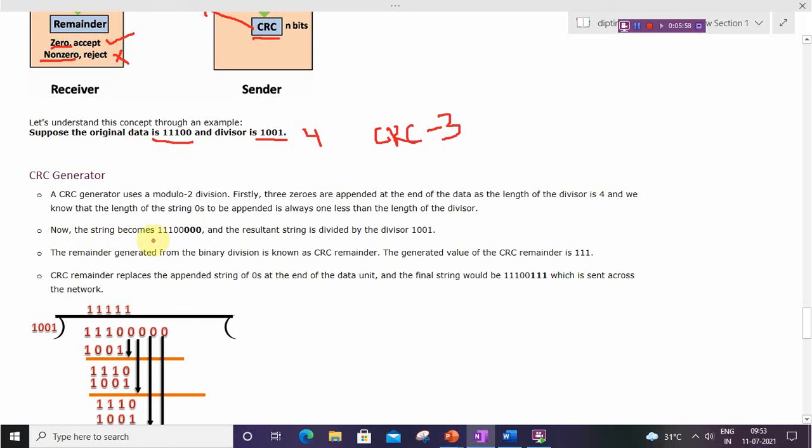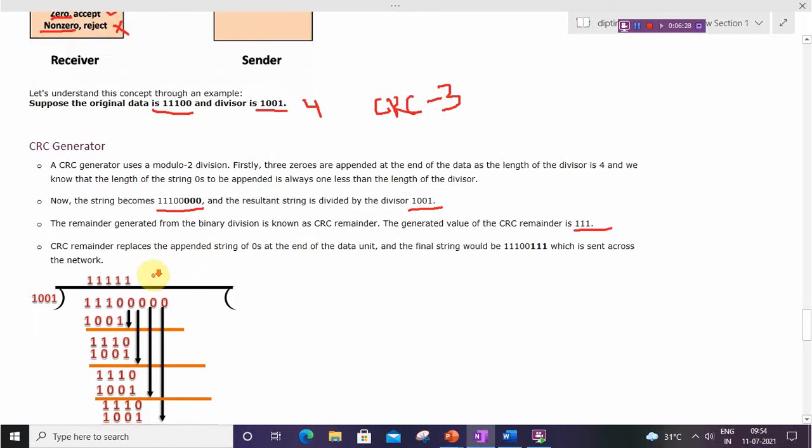Now the string becomes 11100000, this is the new data unit. Then the resultant string is divided by the divisor 1001, and the remainder generated by the binary division is known as the CRC remainder. The generated value of the CRC remainder is 111.